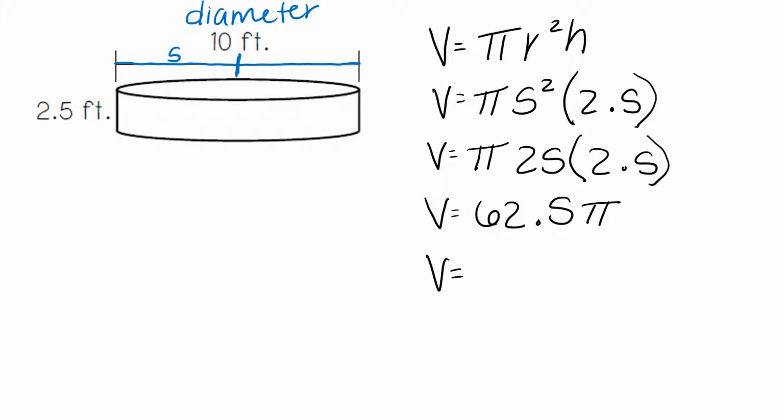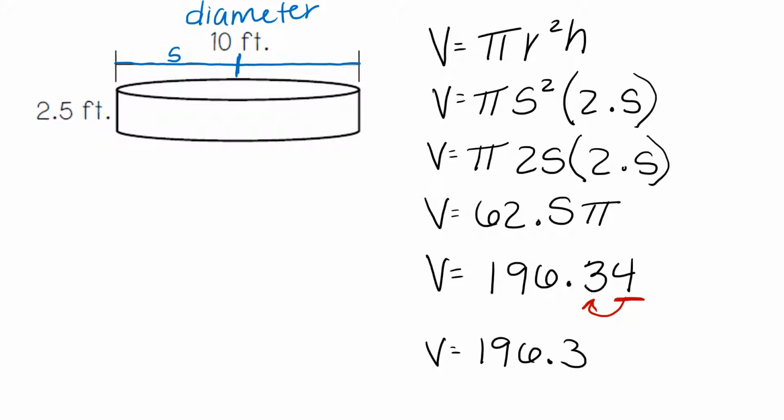And when we do that, we get a big long decimal. We only write down the 2 decimal places, so 0.34, and then we round. 4 and less, we round down. 5 and higher, round up. 4 and less, round down. So 196.3.